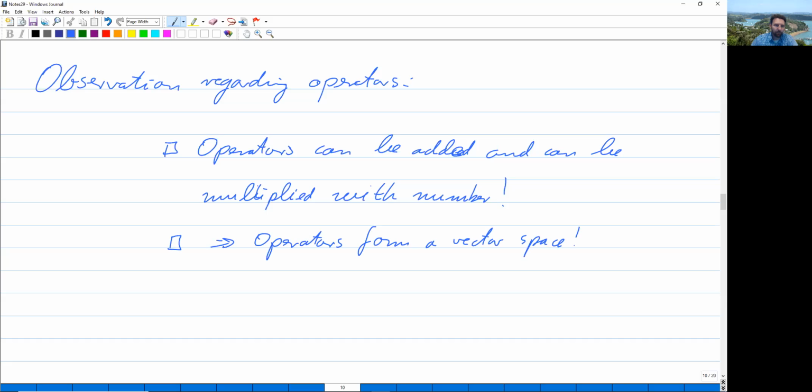Now, this, however, means that we can use for operators what we've just done for vectors. Remember, we started with the Hilbert space of system A and the Hilbert space of system B. And then we said that we can define a new Hilbert space using the tensor product of these vectors and then linear combinations of them.